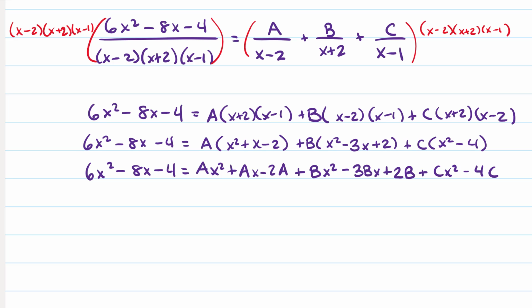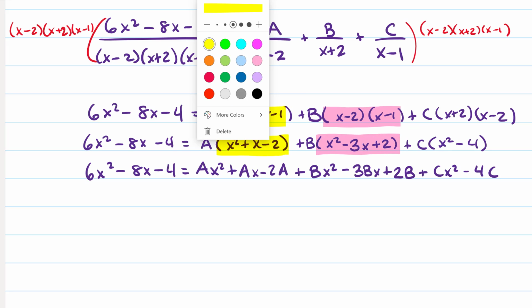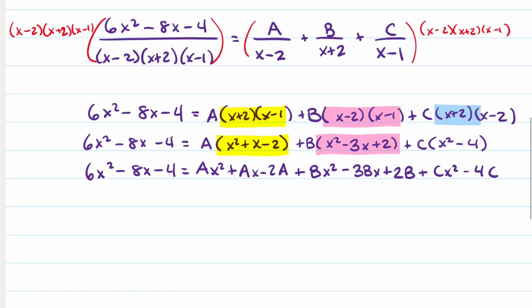The first thing I did here was I distributed the x terms to get the quadratics. And then the step after that is I distributed the A into all of them, the B into all of them, and the C into all of them.